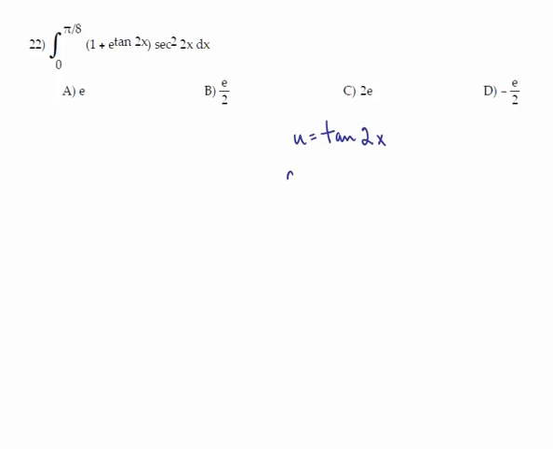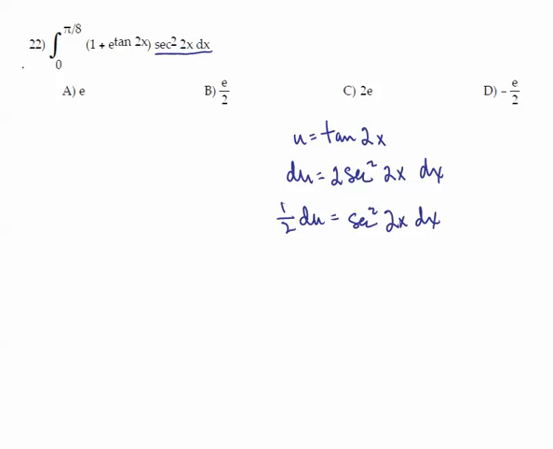And then du is going to be secant square of 2x times the derivative of 2x, which is 2, and dx. Now you can see conveniently we have the secant square of 2x, so all I want to do is divide by 2, and that helps me solve for secant square of 2x dx.